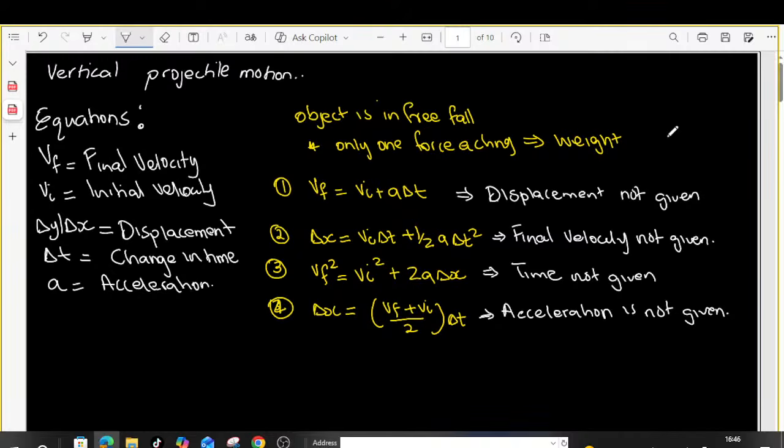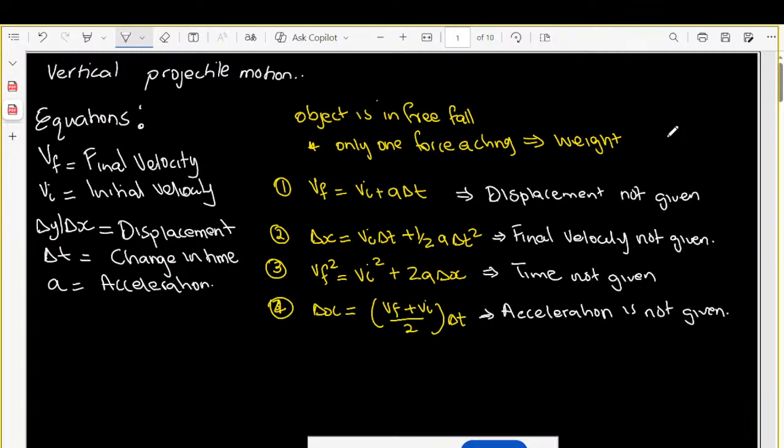Then second, you choose a direction as positive and use the convention throughout each question. I'm not going to talk about the graphs of motion because we won't have enough time, but we're going to work out a few questions so that you can understand how to apply these formulas in an exam.